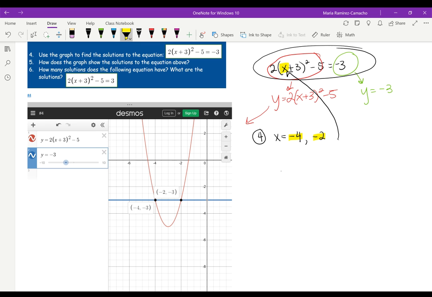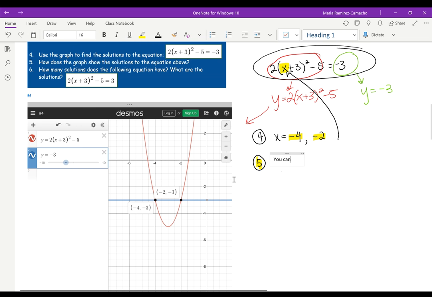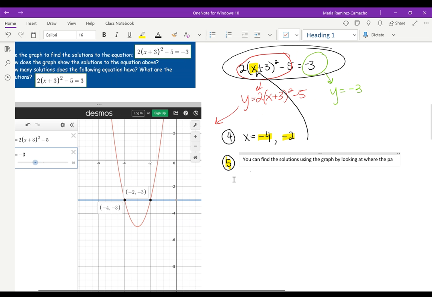Okay, number 5 says, how does the graph show the solutions to the equation above? So in words, I'm just going to describe what we've already done. So let me type this out actually. You can find the solutions using the graph by looking at where the parabola intersects the line y equals negative 3.